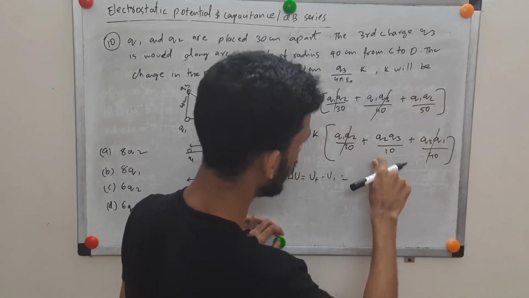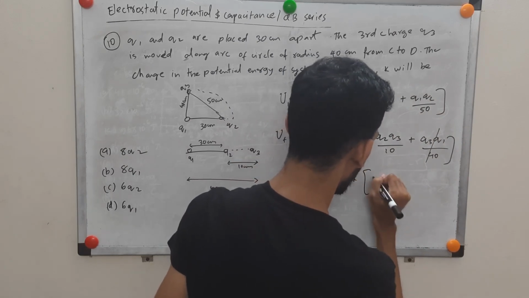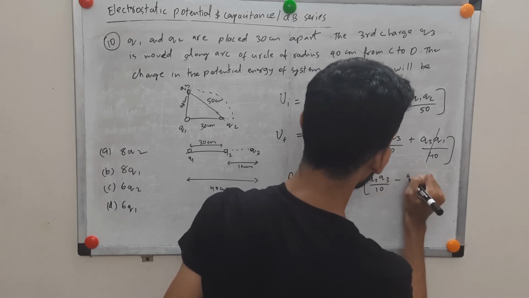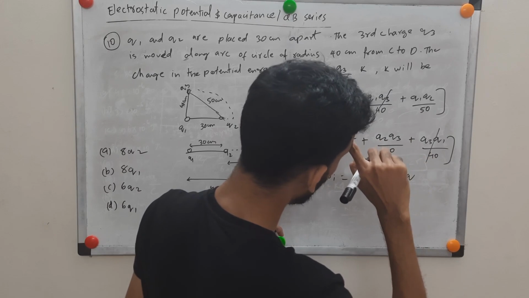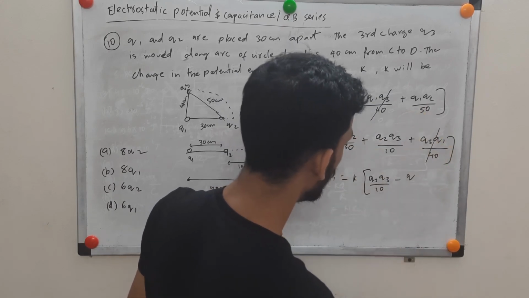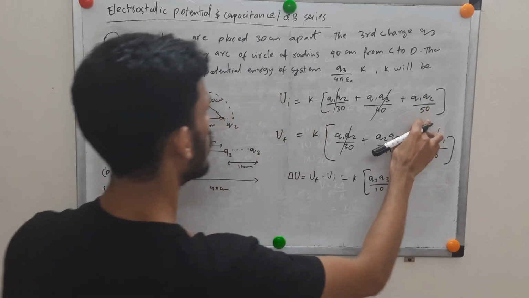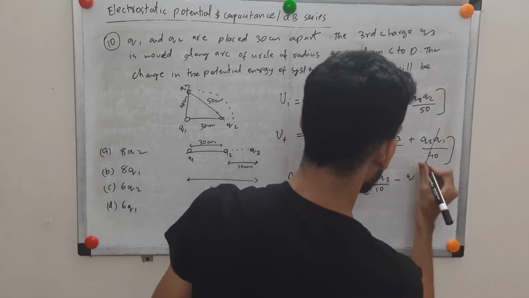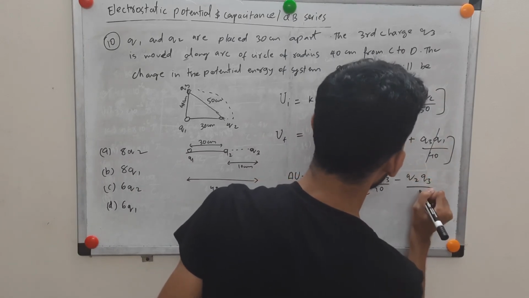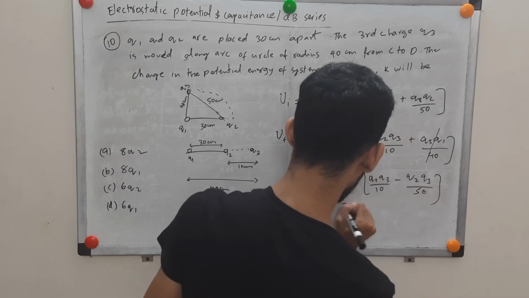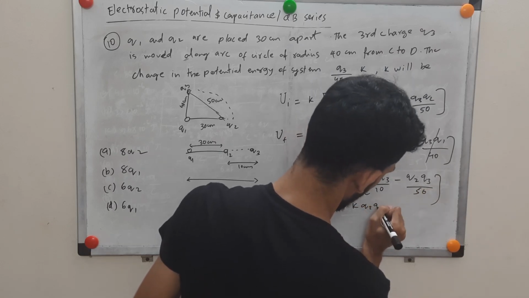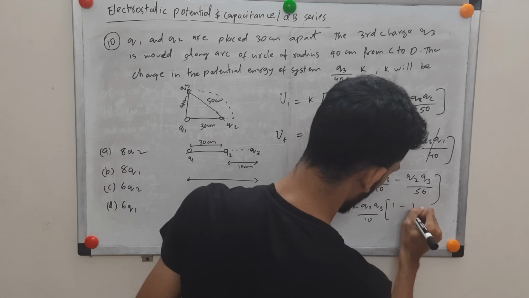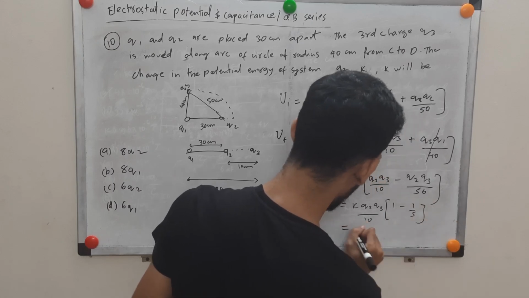So final minus initial: q2 q3 by 10 minus q2 q3 by 50. q2 q3 is common, and you can also take 1 by 10 common, so 1 minus 1 by 5, that will give you 4 by 5.